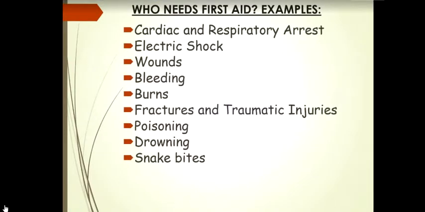Who needs first aid? What are the likely scenarios that would require administration of first aid? Involve cardiac and respiratory arrest. Someone has stopped breathing, or someone's heart has stopped beating. An electrical shock, which again would cause a cardiac arrest. Someone with a wound, could be a penetrating wound, it could be a simple abrasion.